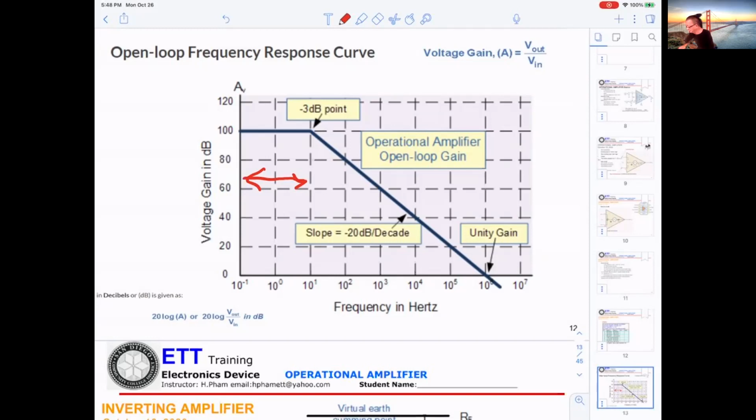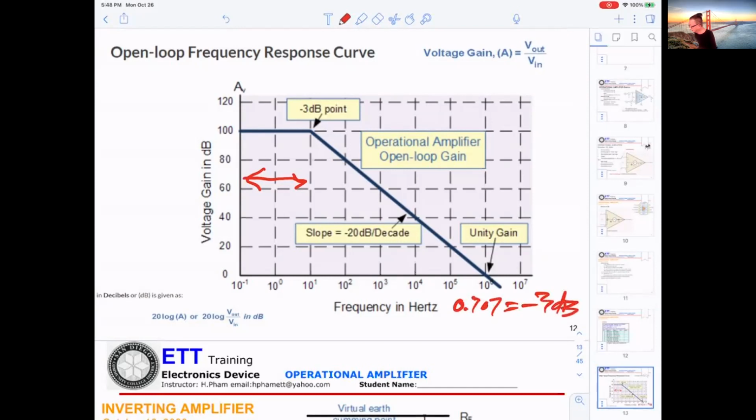If you take your decibel, minus 20 dB is equivalent to what number? You understand that 0.707 is equivalent to minus 3 dB.